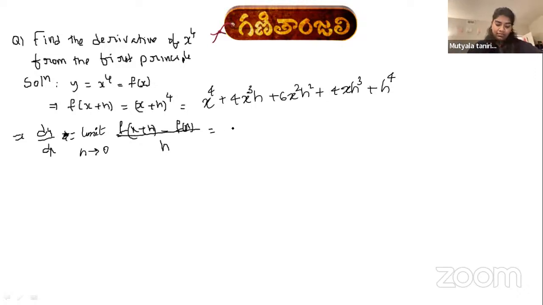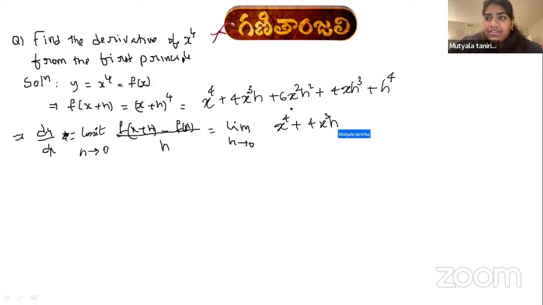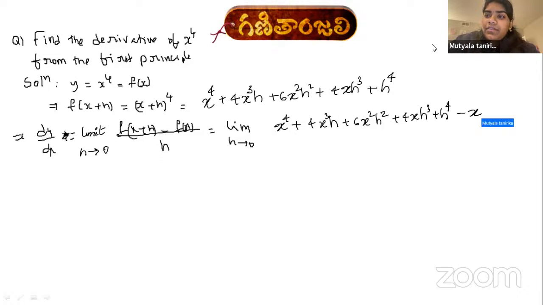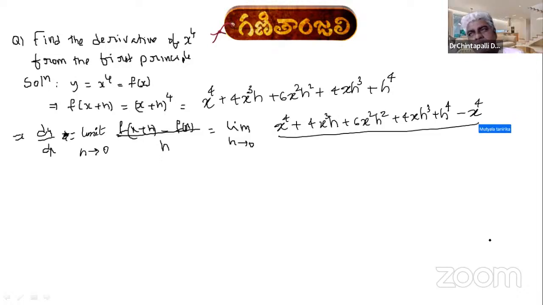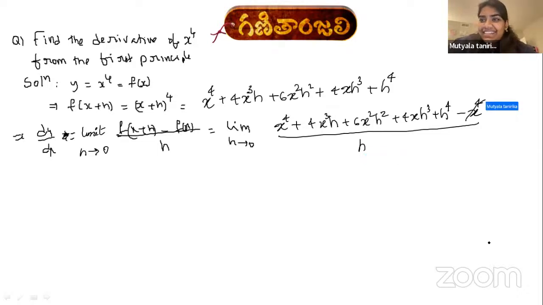That means you can continue here: limit h tends to 0. What is f of x plus h? x to the power 4 plus 4x cube h plus 6x square h square plus 4x h cube plus h to the power 4, minus x to the power 4, whole over h. These get cancelled.